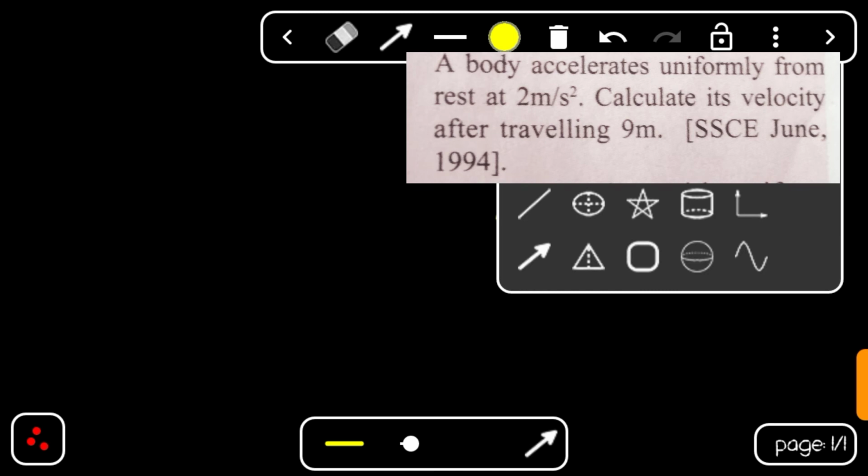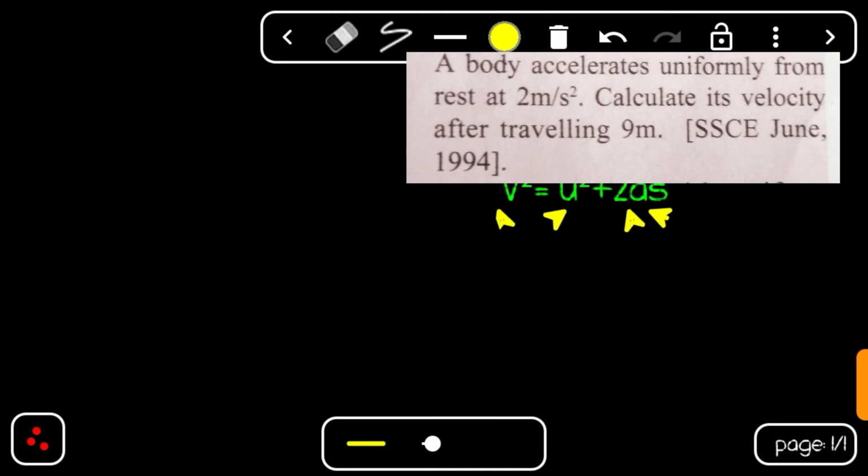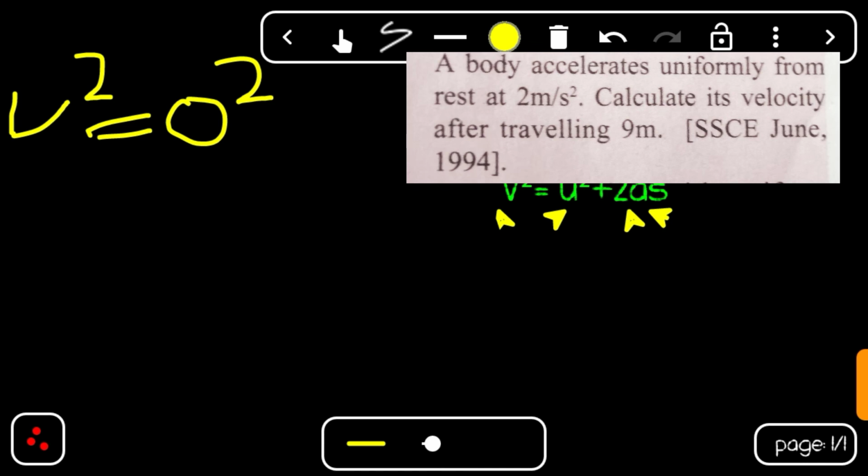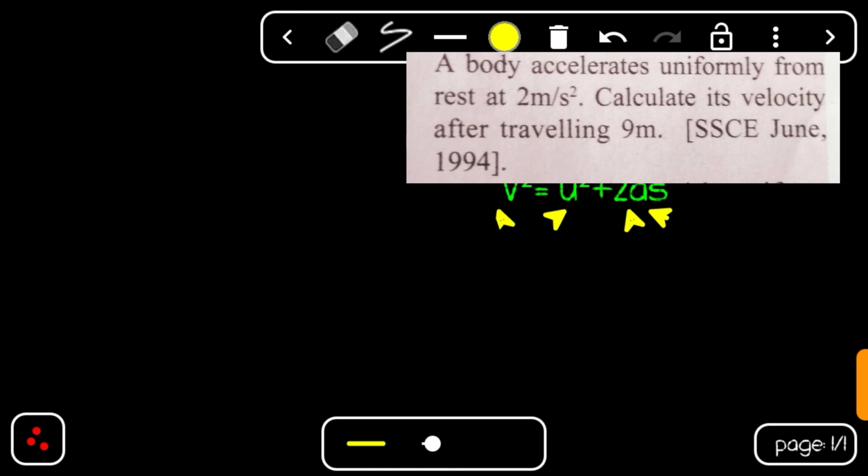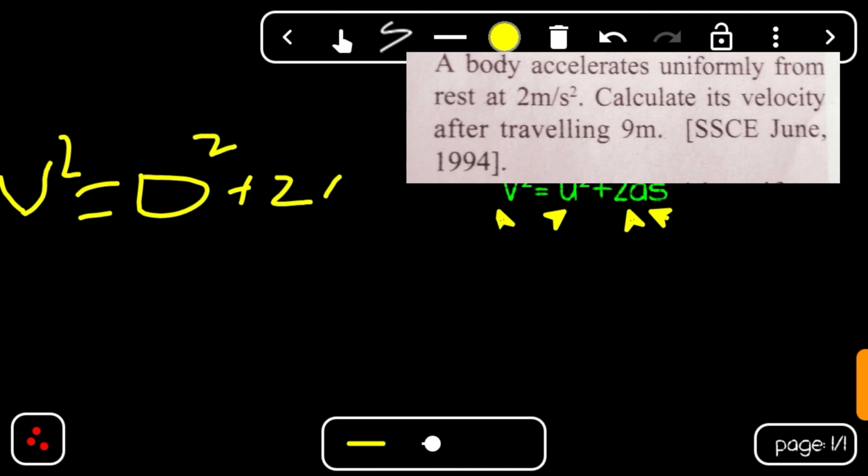If we input our values into the formula, since we are looking for v, it's going to be v square equals u square, which is 0 square, plus 2 times a, which is 2, times our distance, which is 9.